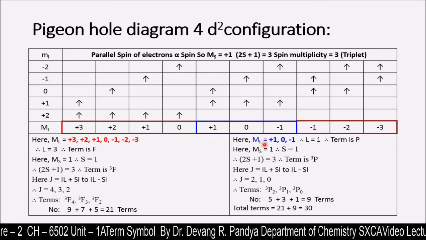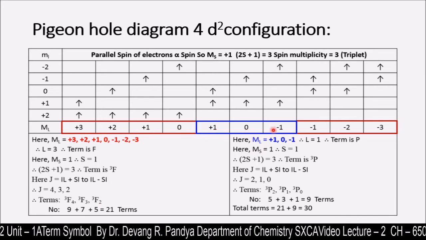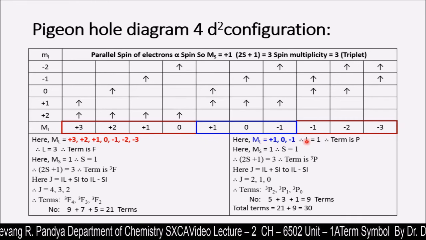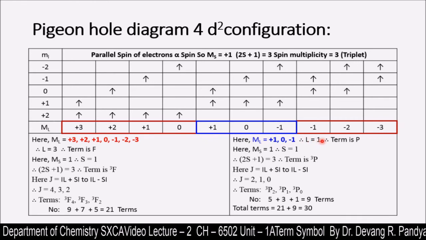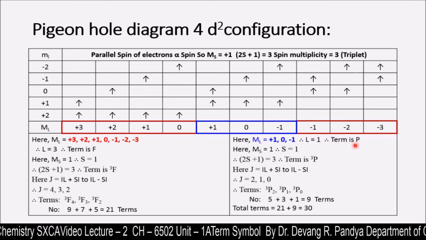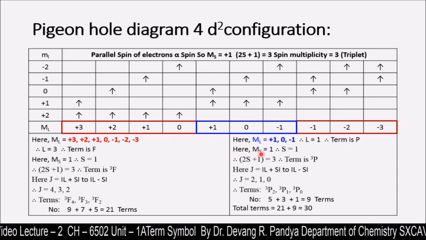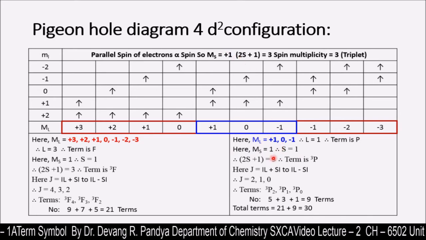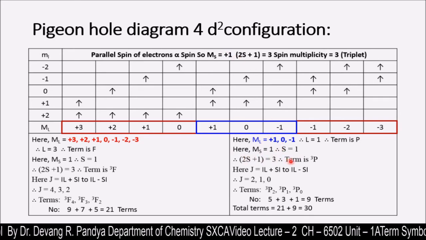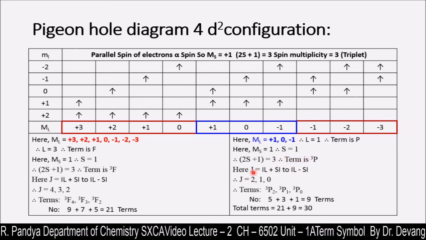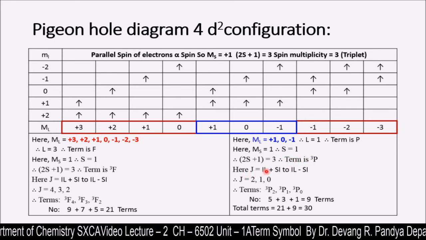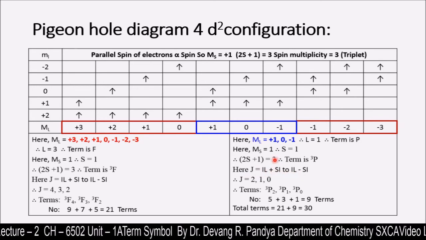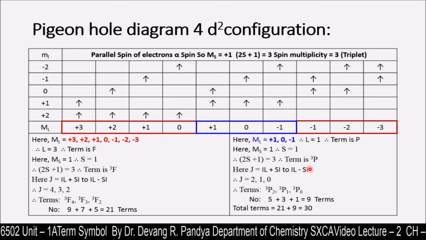Now here you can see in blue color, that is plus 1 0 minus 1 M subscript L value. So the resultant orbital angular momentum quantum number L is equal to 1. So the term is going to be P, and as a result, M subscript S value is common, that is plus 1. So spin multiplicity would be triplet, and as a result triplet P is there. Hence J is equal to L plus 1 to L minus 1, that is 2, 1, 0.